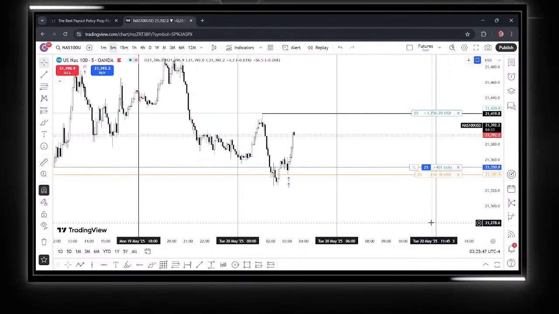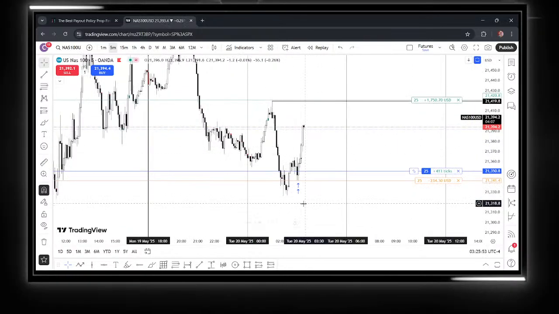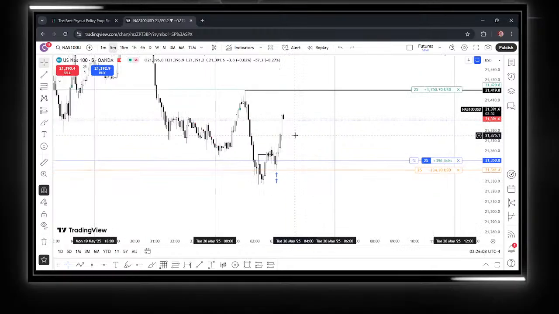I just went on the lower time frame from the 5 minutes. So we go on the 5 minutes, then look for just a market structure shift. You can see that is our nice market structure shift that we have here, where we have price break there, and then we retrace back in, and then we are on our way up.